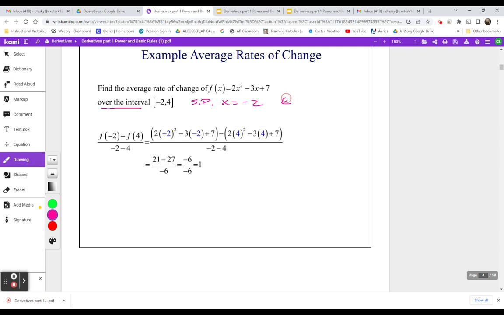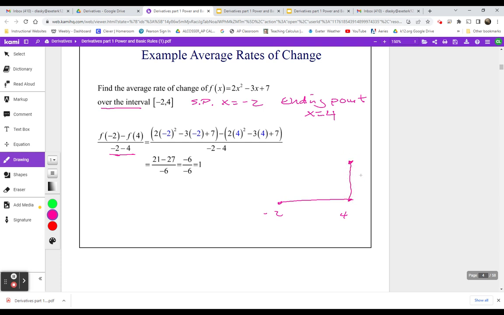And the ending point is at x equals 4. That's why we do -2 minus 4. That's my run. So I started at -2 and I run over to 4. Okay. Now I've got to figure out what the height is, and I don't know what that is.